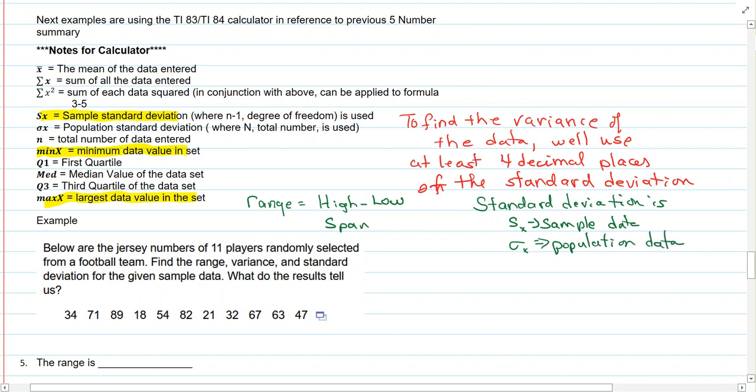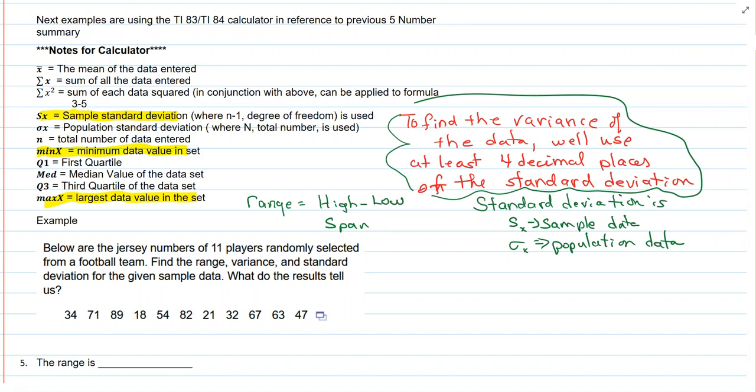All right. And then we've already discussed this. We'll square 4 decimal places and we'll be accurate. So here we go. And we can do this.